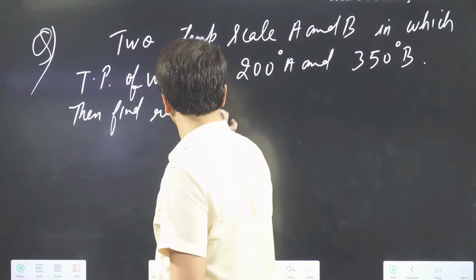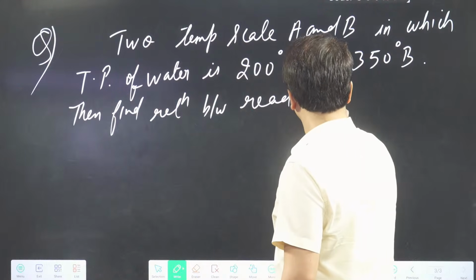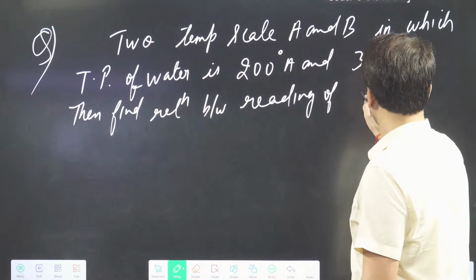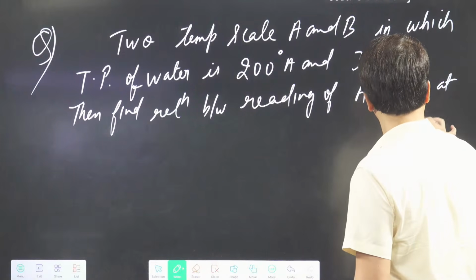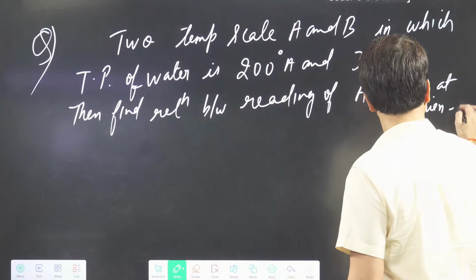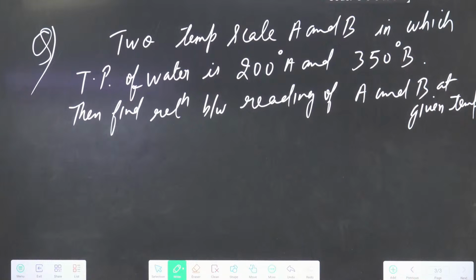Then find the relation between the reading of A and B at a given temperature. So what is given here? 2 temperature scales A and B, in which the triple point of water is 200 degree A and 350 degree B. Then find the relation between the reading of thermometer A and thermometer B at a given temperature.